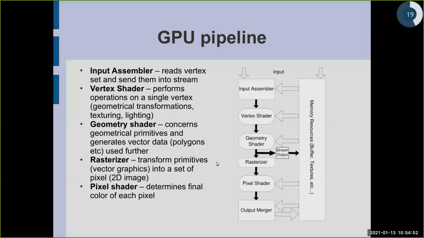So we calculate some parameters: the position with respect to the camera, the textures which should be applied for a particular region, the lighting. So there is a calculation of the global lighting, for example. Then we have a geometry shader. So in the geometry shader, the relationships between vertices are considered.